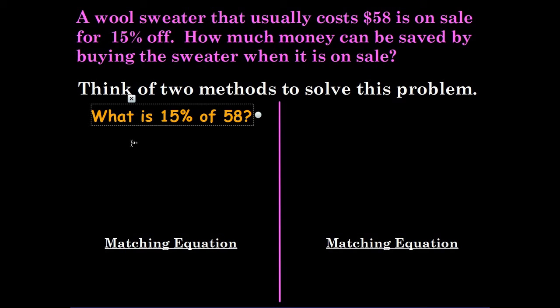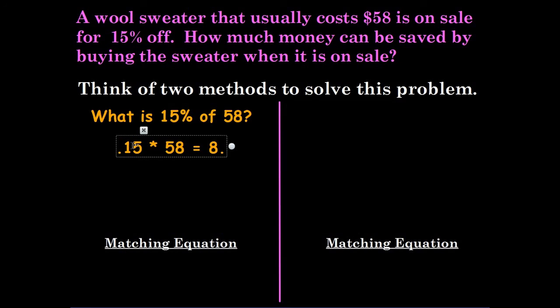Okay, so the first thing we might want to do for one of the ways is ask what is 15% of 58? And so we would turn that into a decimal or a fraction and multiply it by 58. And while I think you should practice your traditional multiplication, whichever way you choose to use, it should give you 8 and 7/10.